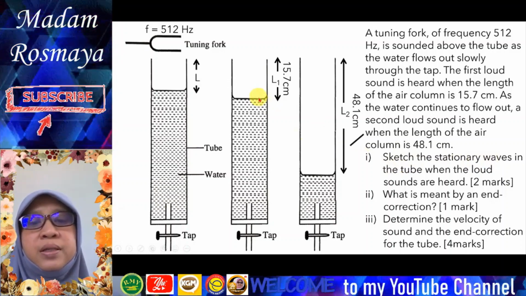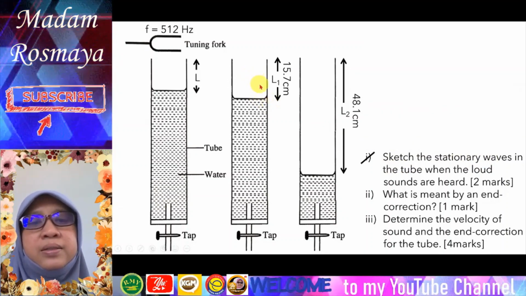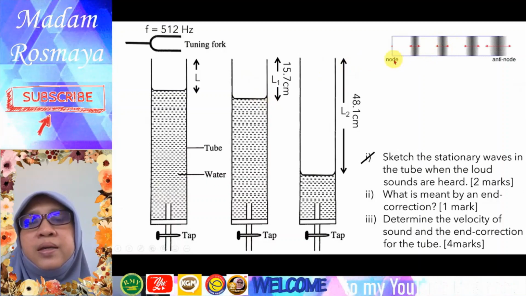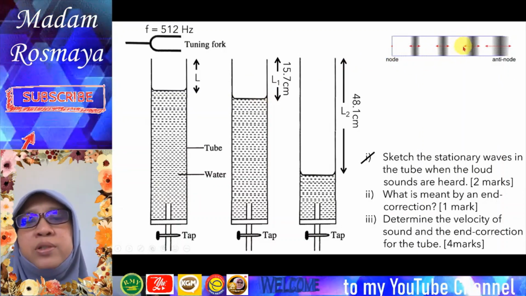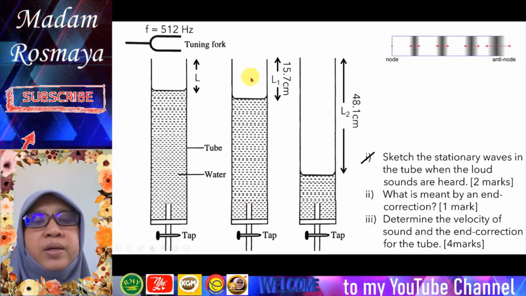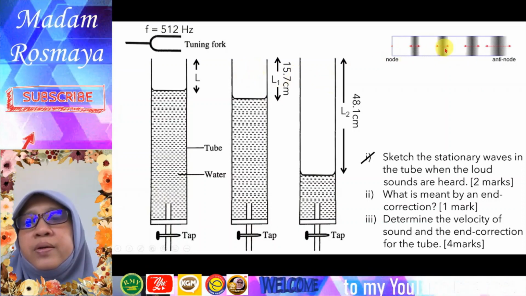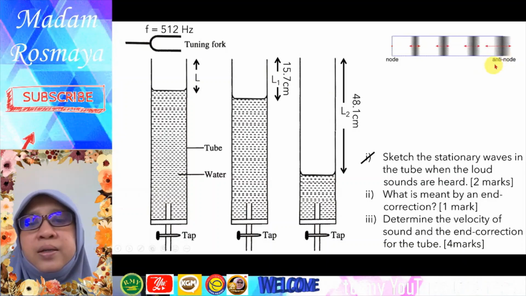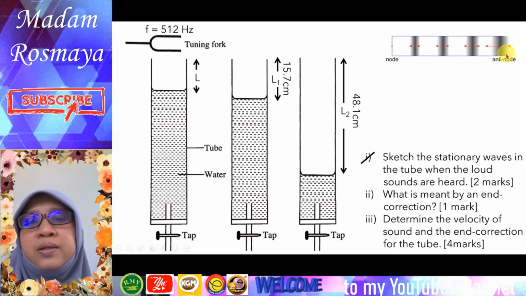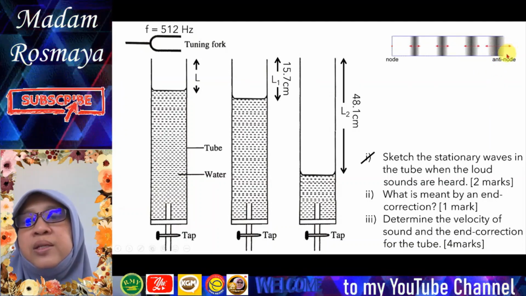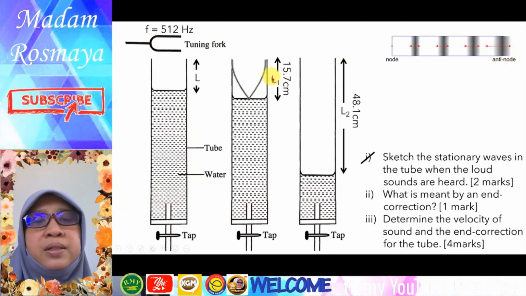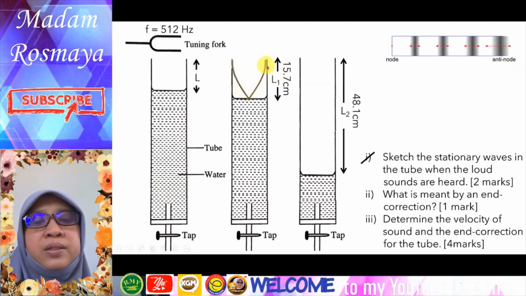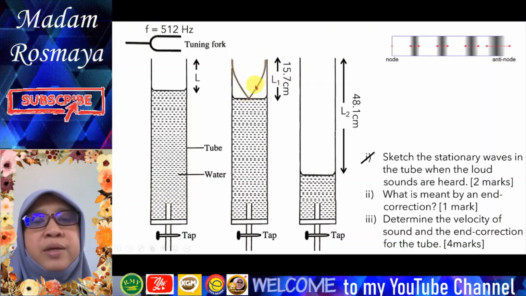Okay, imagine that this is the vibration of the air molecules inside the tube here. The loud sound heard is where resonance occurs. So you can use the analogy of the string wave.